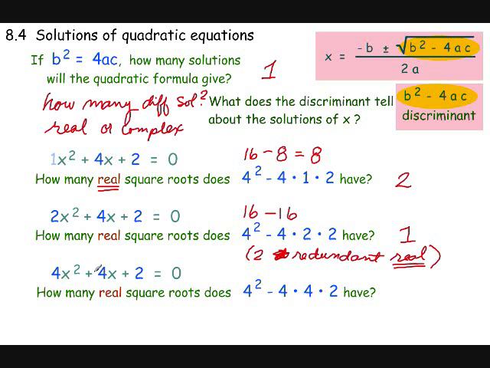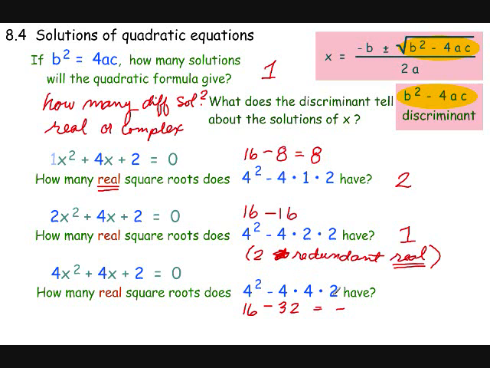Now how about this last one? Here we have, still b squared is 16, but my a is now 4 and my c is 2, so that gives me, what is that? 8 times a negative 4. Oh my goodness. Okay, so minus 32. So that's a negative number under the radical, this discriminant.